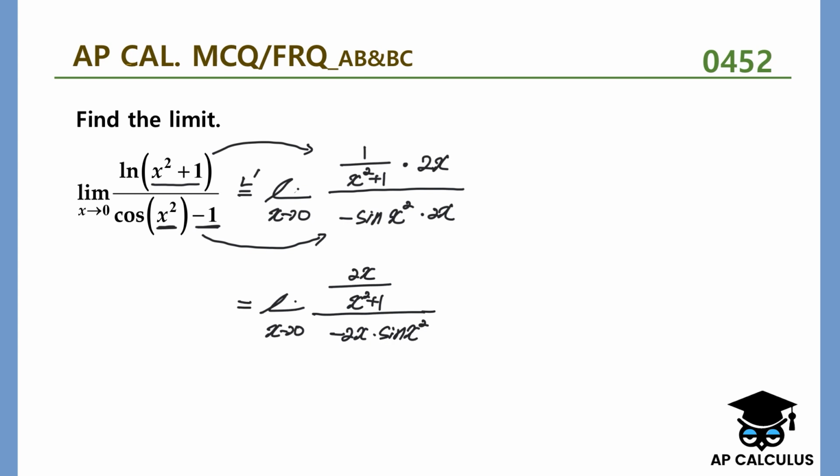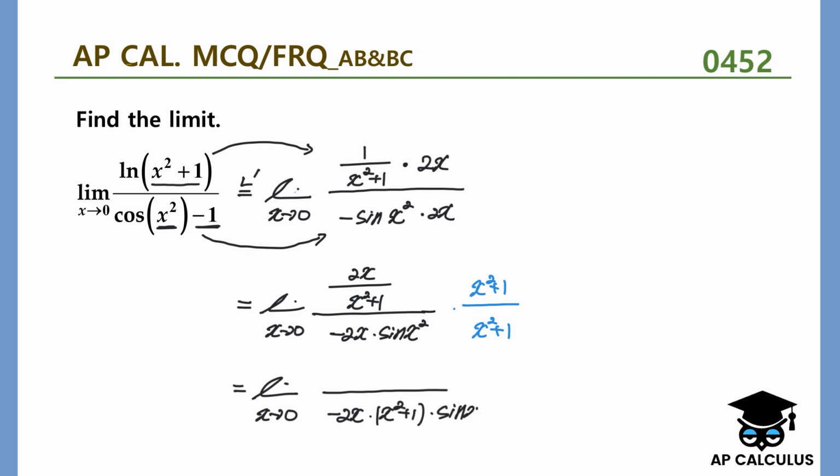We have a denominator here, so we're going to multiply by x squared plus 1. Then that is equal to the limit as x approaches 0 of negative 2x times x squared plus 1 times sine x squared.